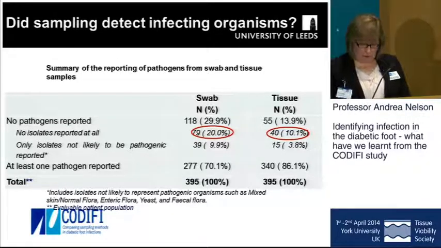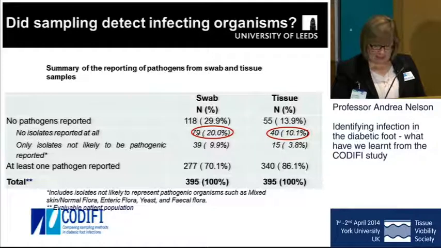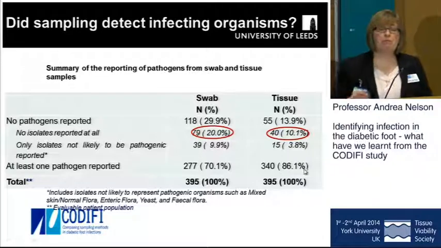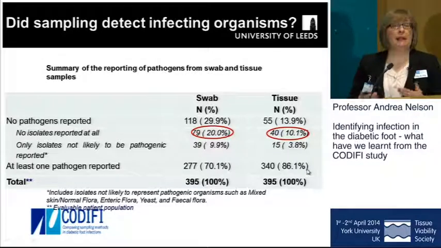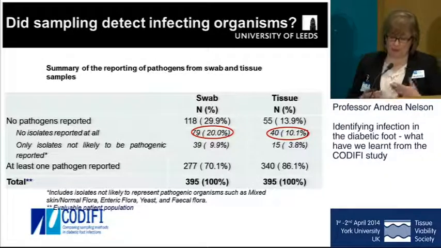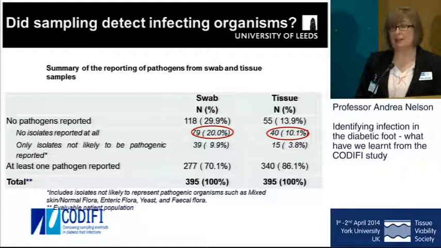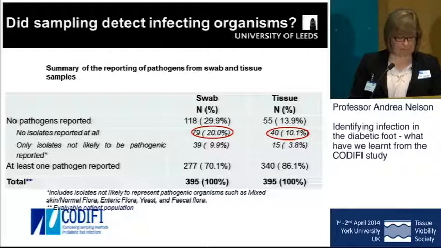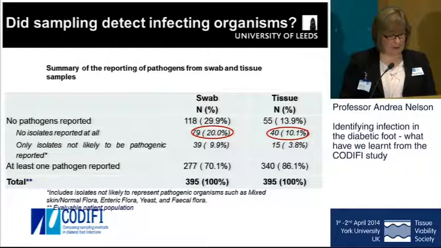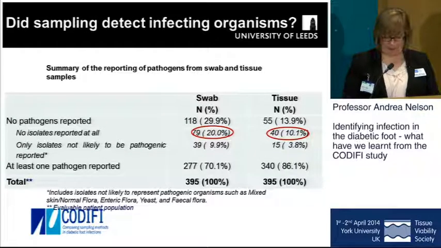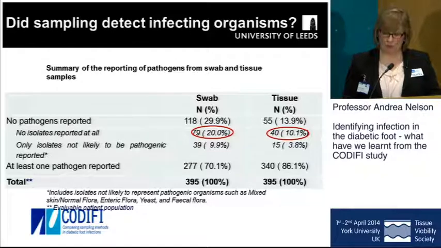So can I draw your attention to the fact that at least one pathogen was reported from 70% of swabs and from 86% of the tissue samples. And so I'm now going to tell you about that 70% of the swab samples and the 86% of the tissue samples, and tell you a bit more about what was happening in those wounds.